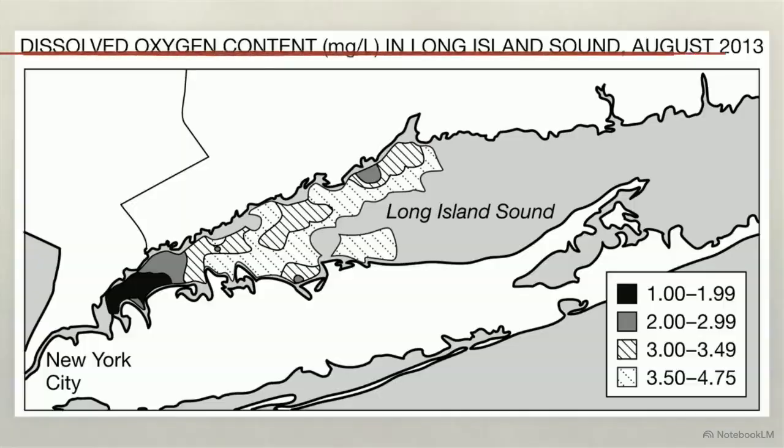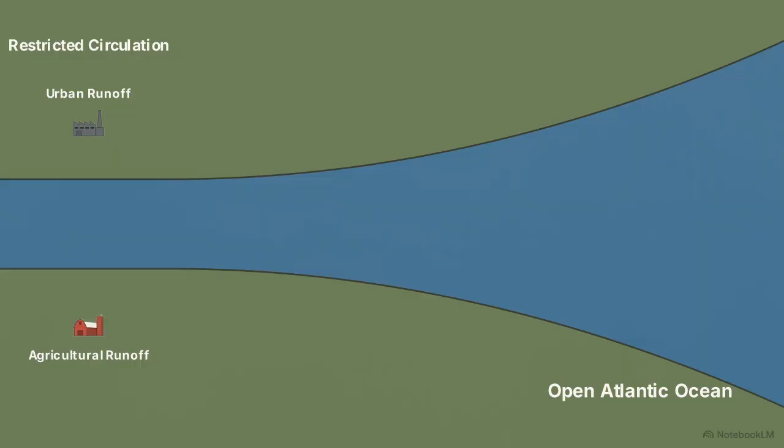We can now apply this mechanical understanding to the Long Island Sound map from 2013. Look at the western edge near New York City. The high population density generates an enormous volume of stormwater runoff and wastewater effluent, directly loading nitrates and phosphates into the estuary. Because this end of the sound has restricted geographical circulation, the water cannot easily flush these nutrients out to the open ocean.